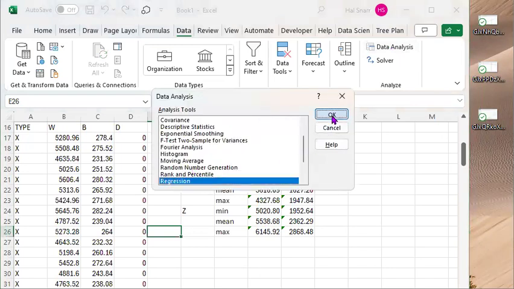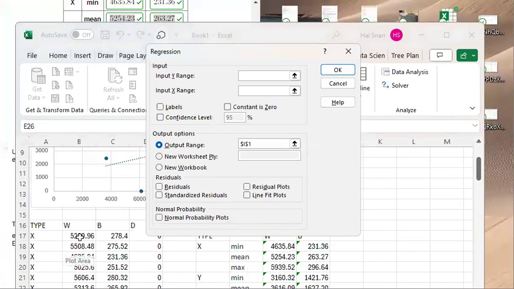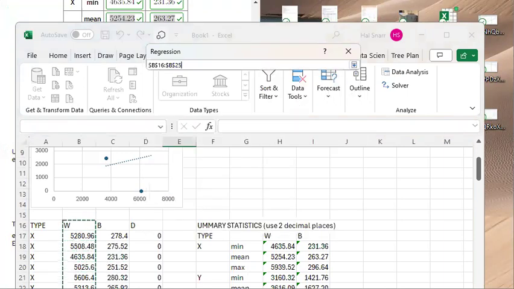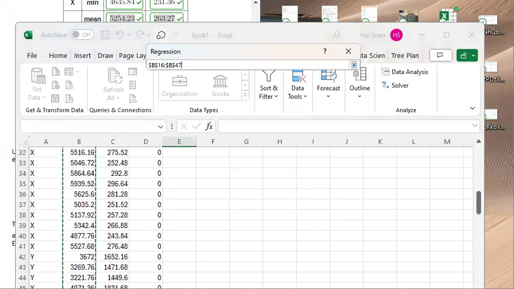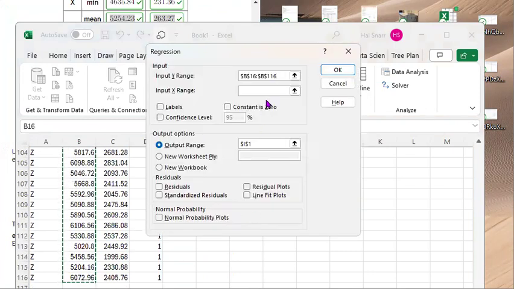I'm going to click on Regression. So the Y variable is what? The Y variable is W, right? W is on the left-hand side. So I need to load the Y variable. I'm going to include the label W and all the numbers below it. Okay.